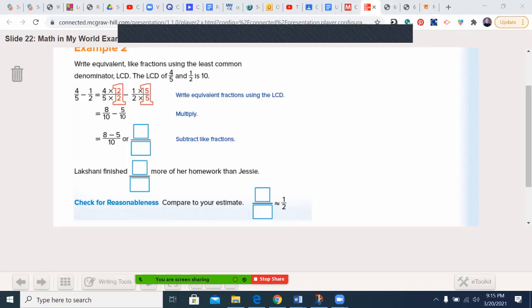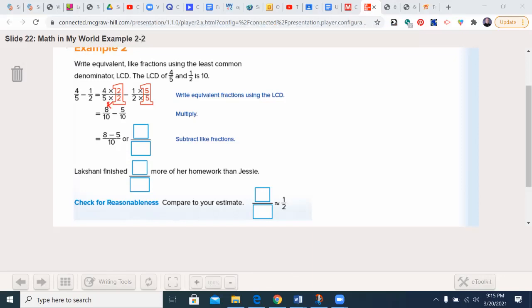First, I'm going to turn the 4/5 into something over 10. 5 goes into 10 twice, so 4 times 2 is 8. So this part goes right here. For 1/2, 2 times 5 is 10, and 1 times 5 is 5. So that part's right here.